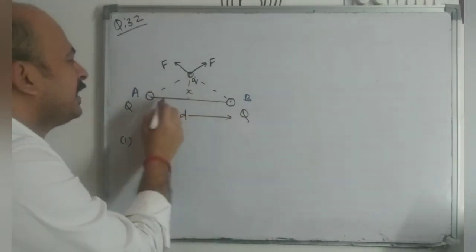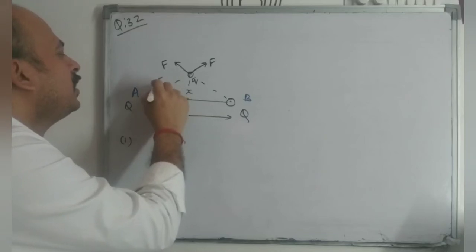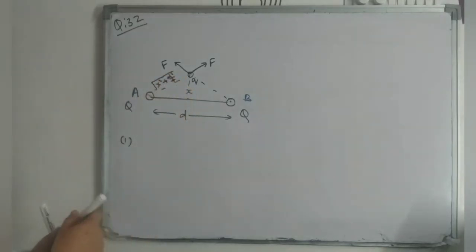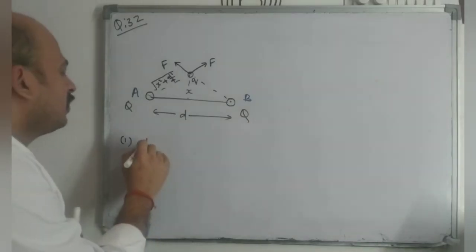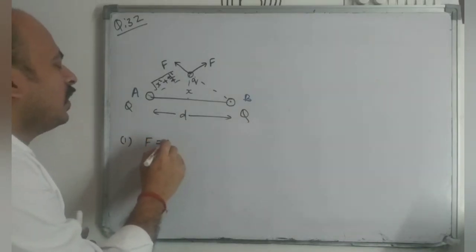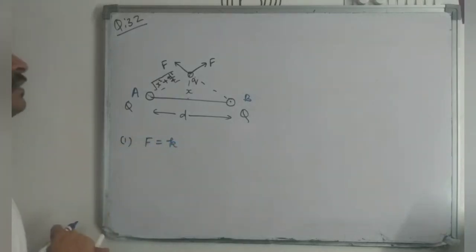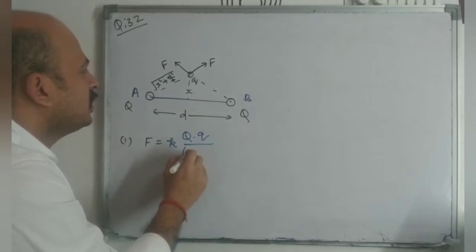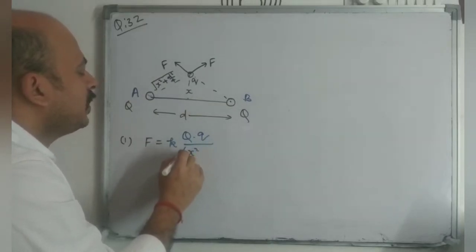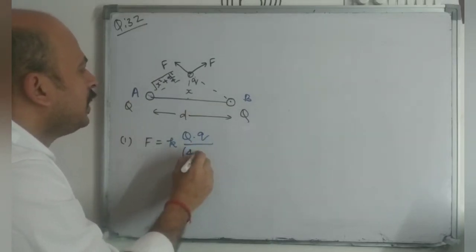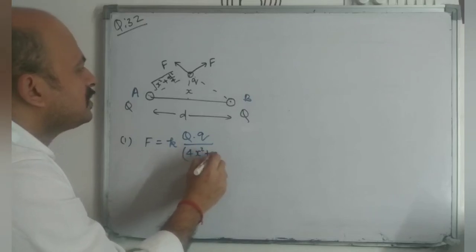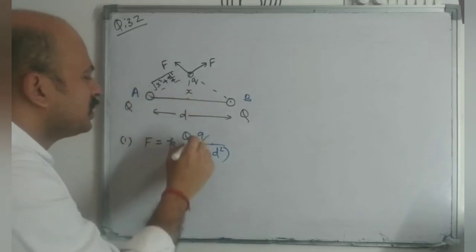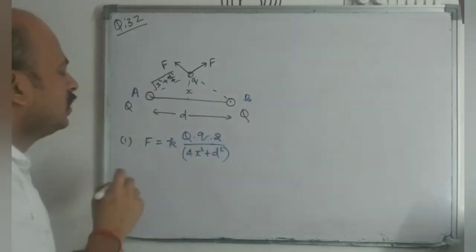So if this is x and this is d by 2, then the distance will be under root x square plus d square by 4. So F will be equal to 1 upon 4 pi epsilon naught, that is k capital Q small q upon the square of this. So that is 4x square plus d square, and the square root of 4 is 2, so here you will get 2. So that is F.